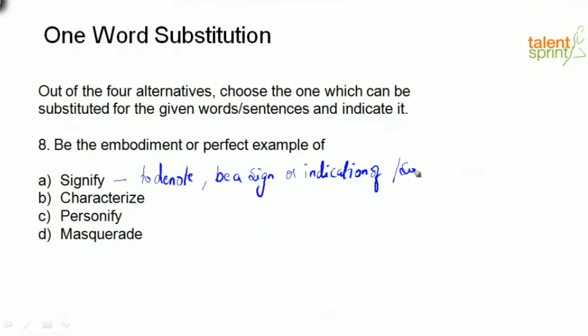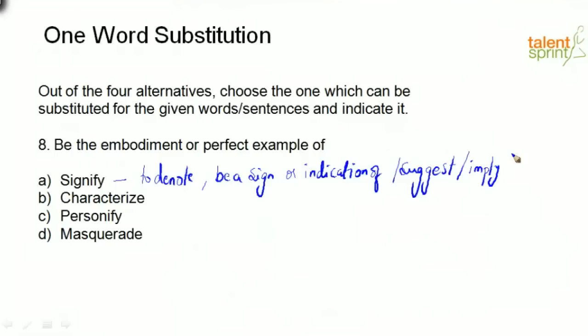Is that what the phrase is talking about? Be the embodiment or perfect example of, which means you are literally reflecting the role of some individual, right? It's like you're mirroring that personality. That's what the phrase is. You're basically mirroring the personality of a particular person.